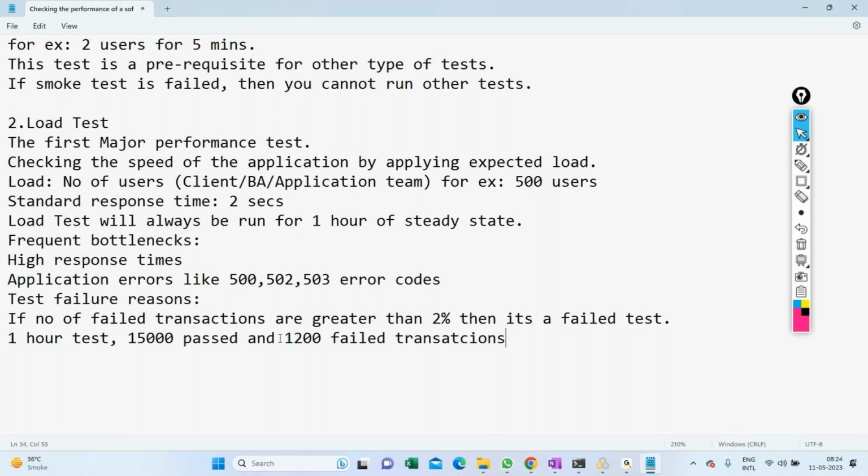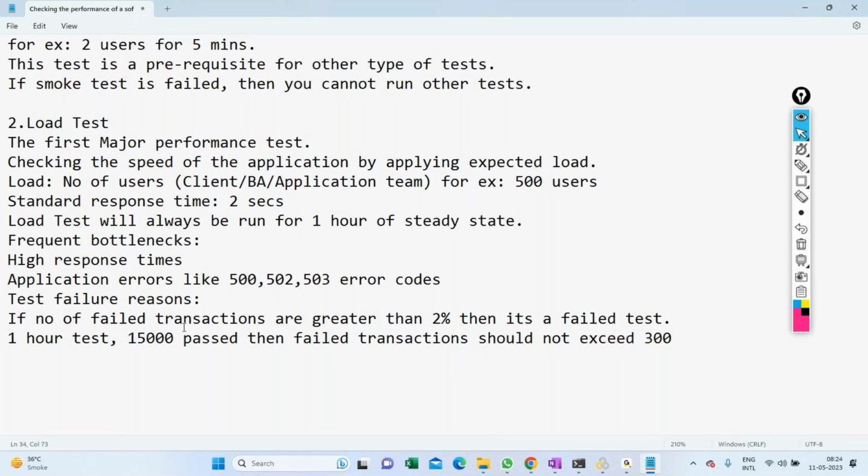What percentage of 15,000 is 1,200? For 15,000, 1% is 150. 2% is 300. Now the errors should not exceed 300. If you are getting more than that, it's a failed test.